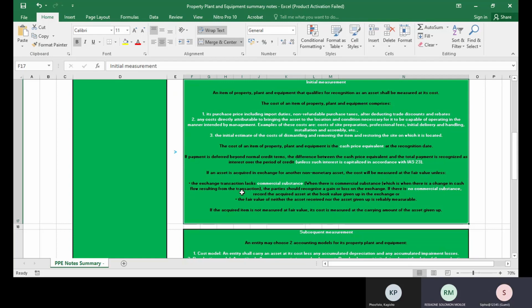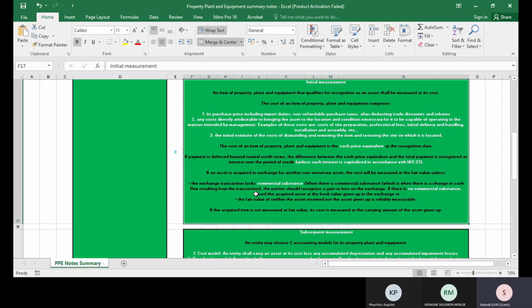If an asset is acquired in exchange for another non-monetary asset, the cost will be measured at the fair value unless, you understand what they mean by non-monetary asset? I don't have to explain that to you, right?